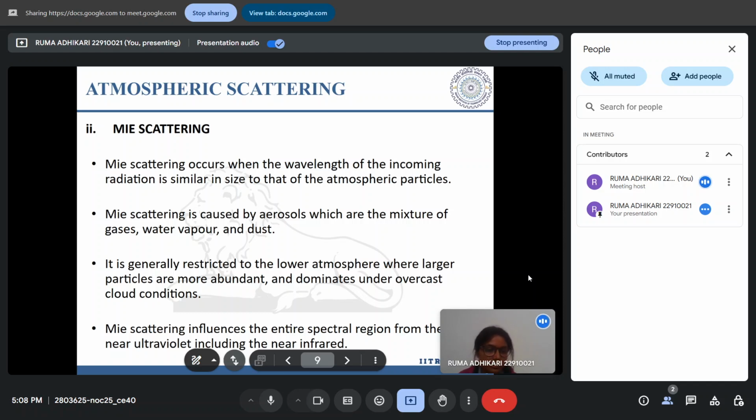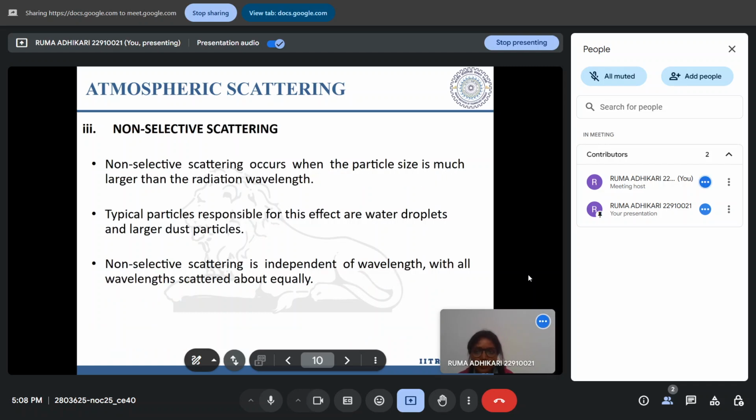In our case, this can be rain clouds. It is generally restricted to the lower atmosphere, where larger particles are more abundant, and dominates under overcast cloud conditions. Mie scattering influences the entire spectral region from the near ultraviolet to the near infrared.